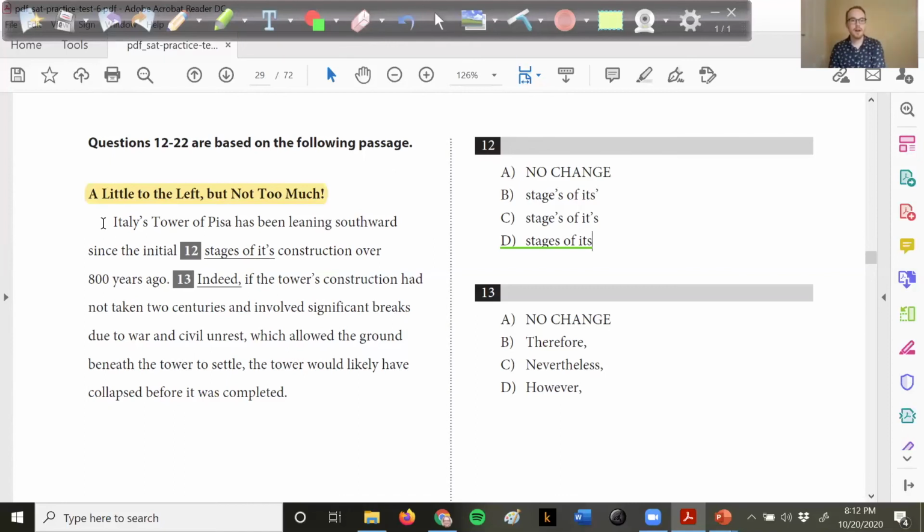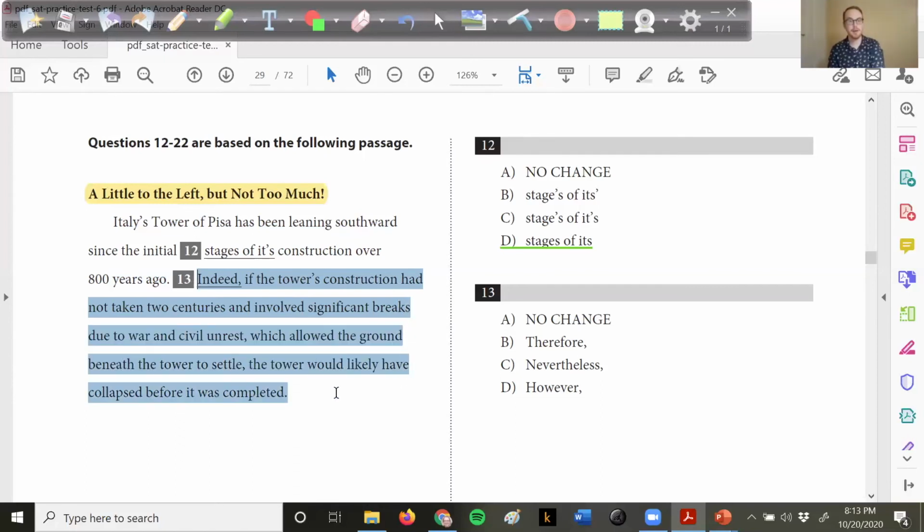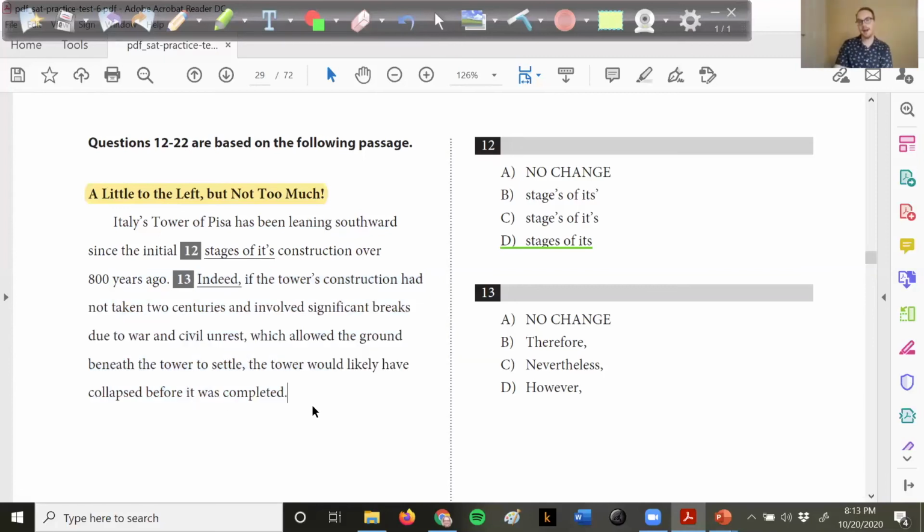So on one side of the transition, we have Italy's Tower of Pisa has been leaning southward for over 800 years, apparently. And then we have, indeed, if the tower's construction had not taken 2 centuries and involved significant breaks, which allowed the ground beneath the tower to settle, the tower would likely have collapsed before it was completed.